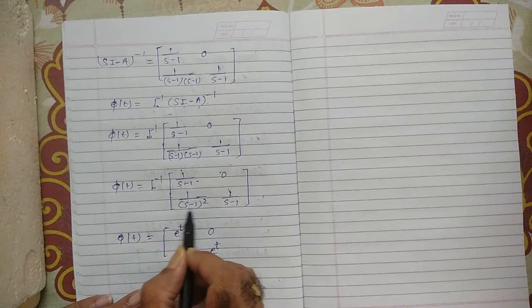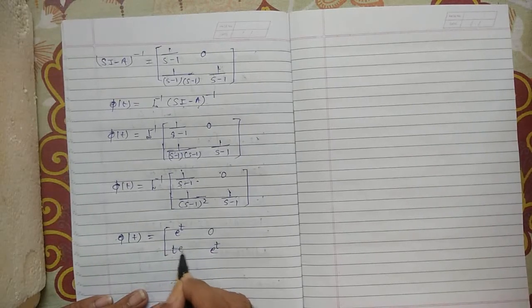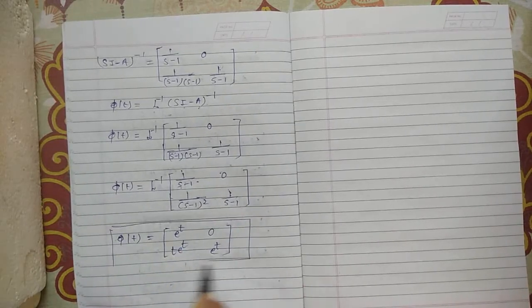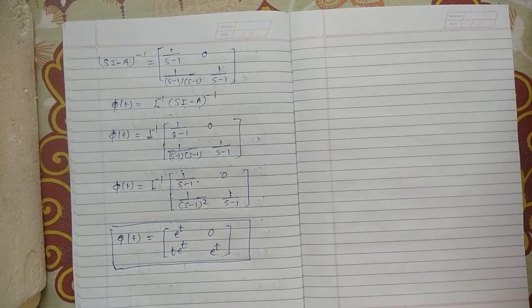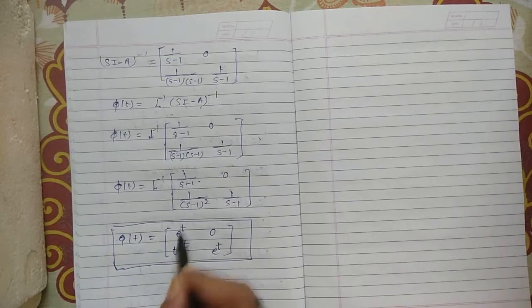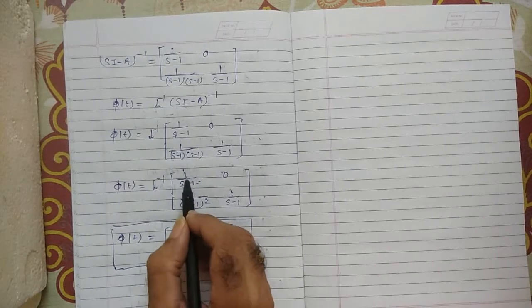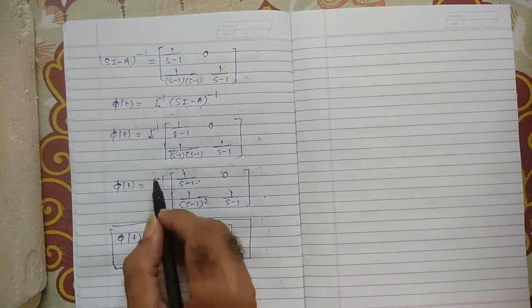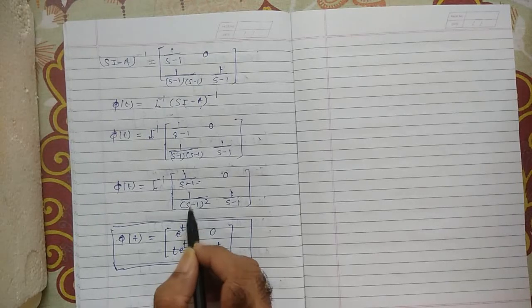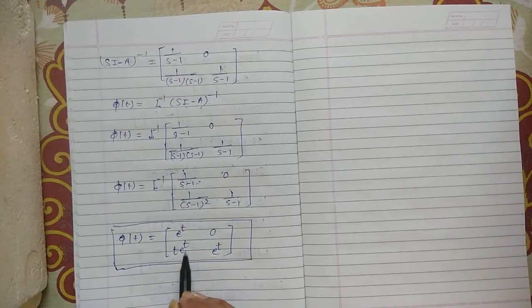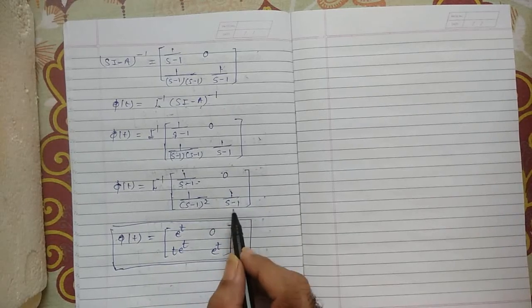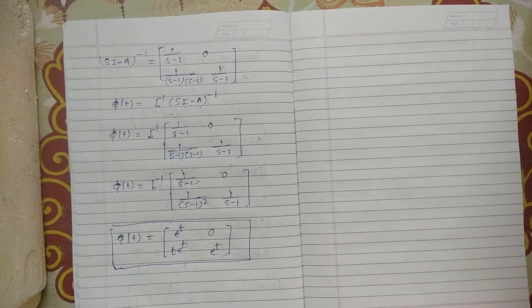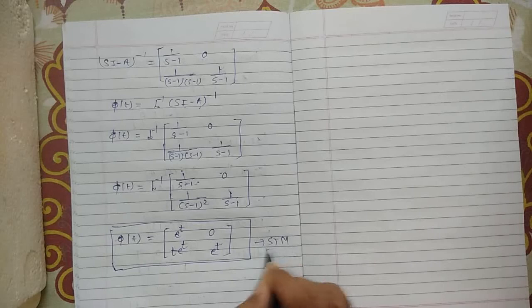The inverse Laplace of 0 is 0. The inverse Laplace of 1 by (s minus 1) whole square is t multiplied by e raised to t, and the inverse Laplace of 1 divided by s minus 1 is e raised to t. So this is my state transition matrix.